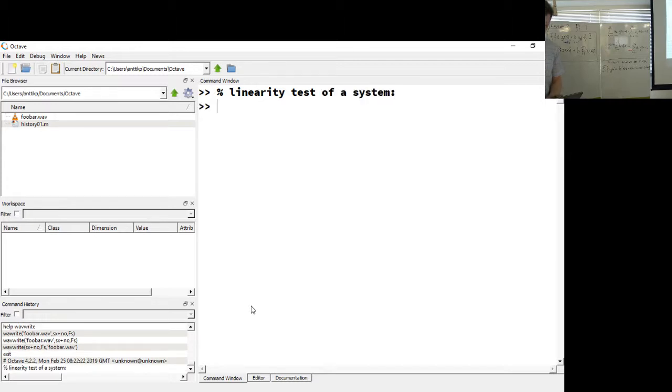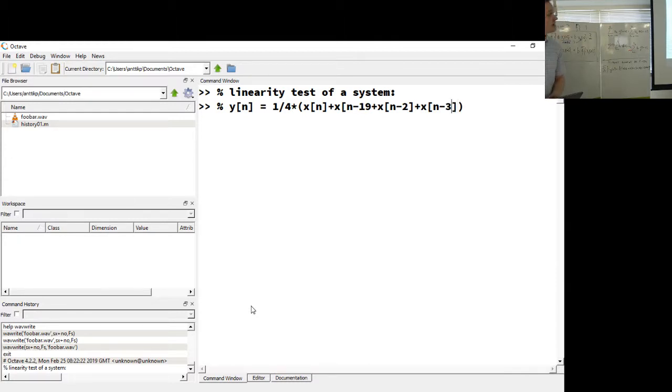My system is output equals a quarter times x of n plus x of n minus 1 plus x of n minus 2 plus x of n minus 3. I hope that one went somewhat correct.